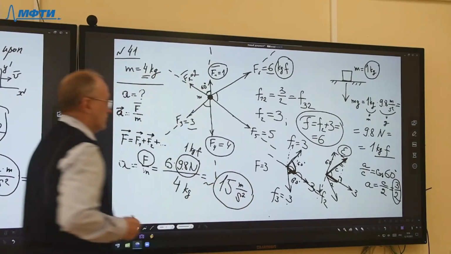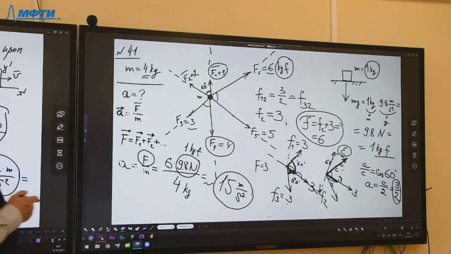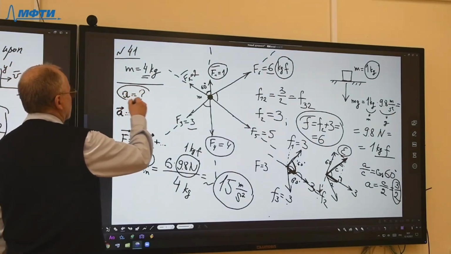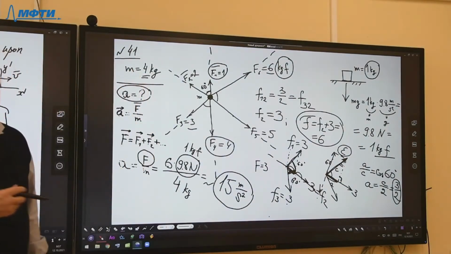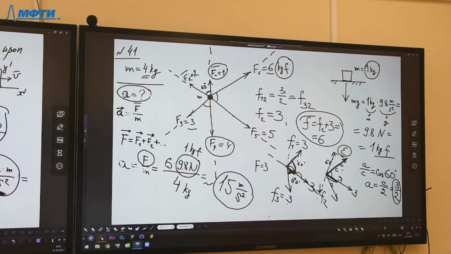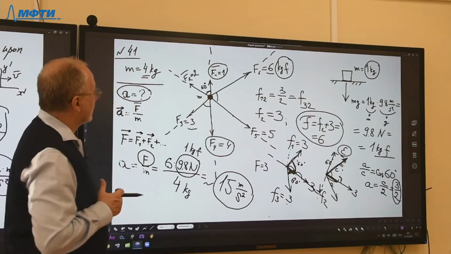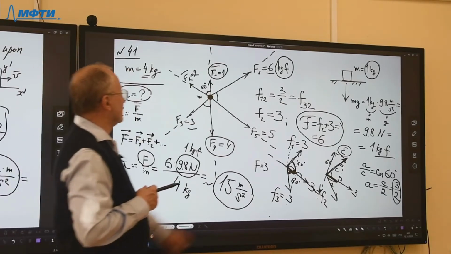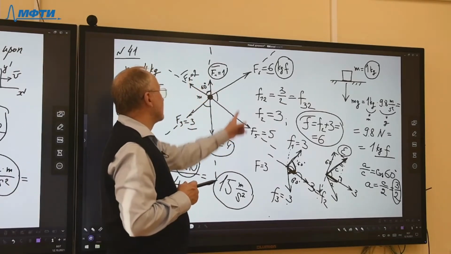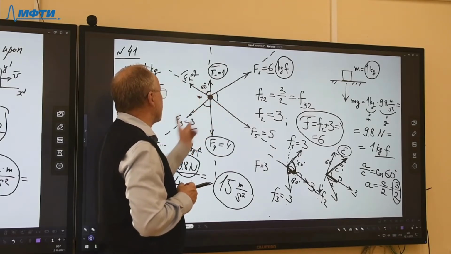So we have found the acceleration, we have found the answer to the problem. It was required to find the acceleration of the sphere M. And in order to find the acceleration, we had to find the net force acting on the sphere, that is the vector sum of all forces.